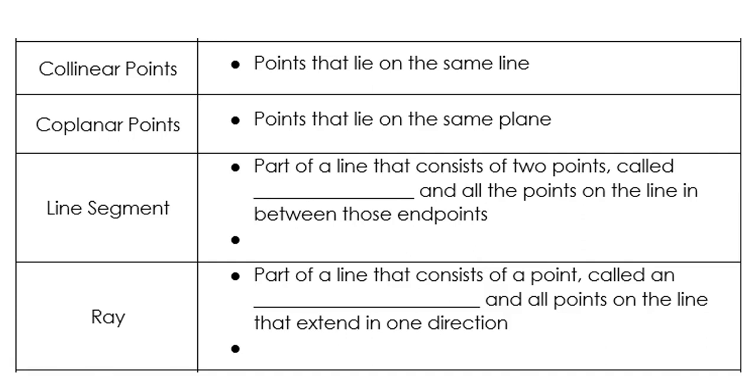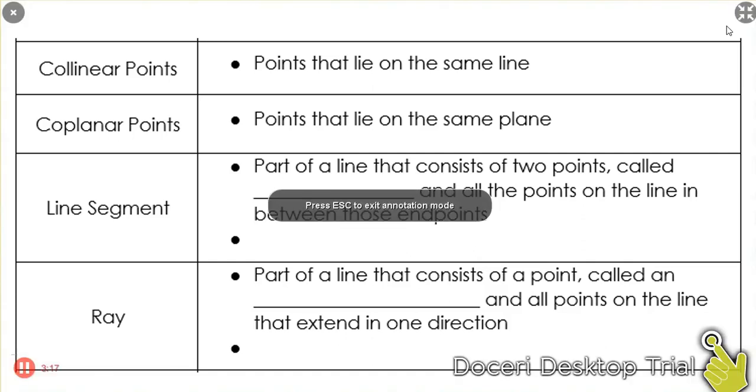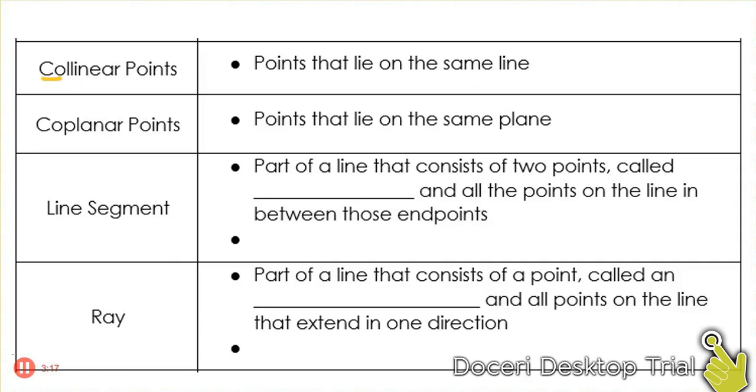Okay, then we have collinear points. The term co just means that they are going to lie on the same line. So since it's co and we're talking about a line, that means they're points that lie on the same line. So any points that lie on the same line are called collinear points. So all of those are collinear because they lie on the same line.